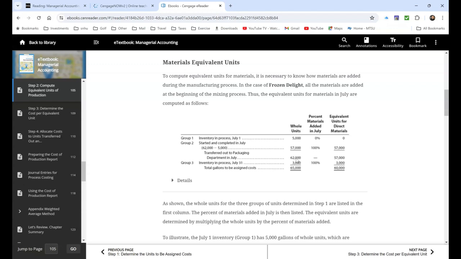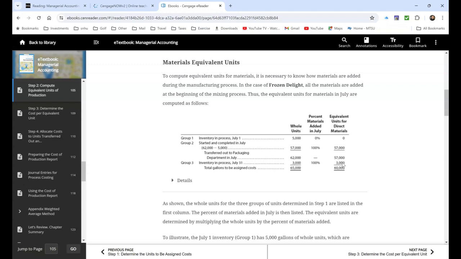And so transfer to packing is 62,000, but the material equivalency is 57,000 because we already had accounted for the whole units, or the units that we started with. So then we have inventory in process of 3,000.